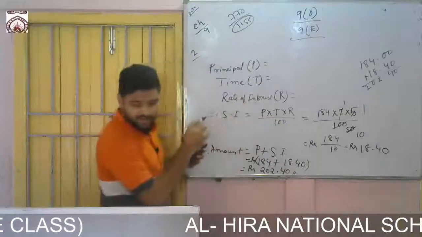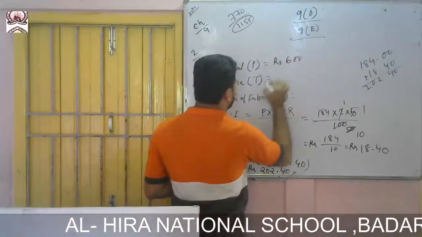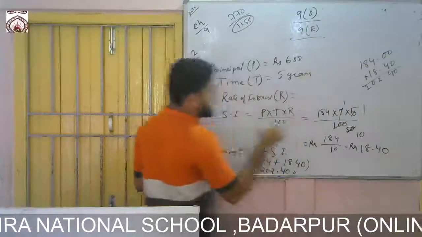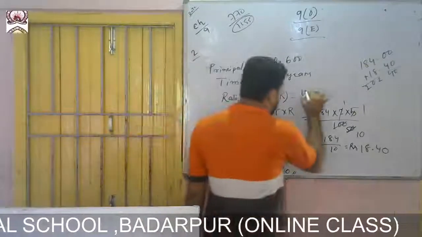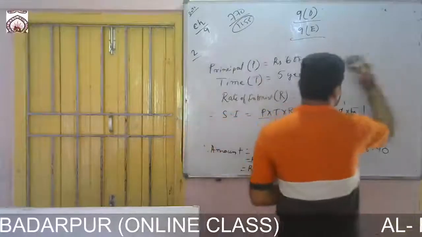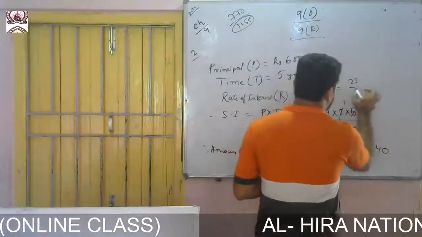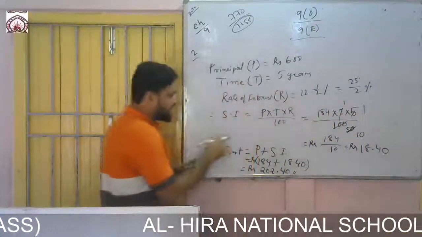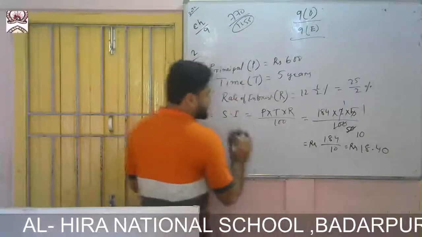So principal is 600 rupees, time 5 years, and rate of interest 12 1 by 2%. You just break it: 12 times 2 is 24 and 1, 25 by 2%. Now you can use this in finding the answer.